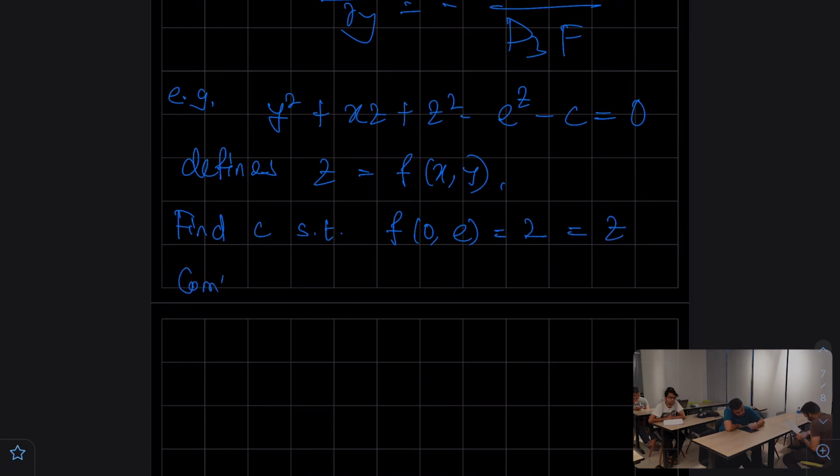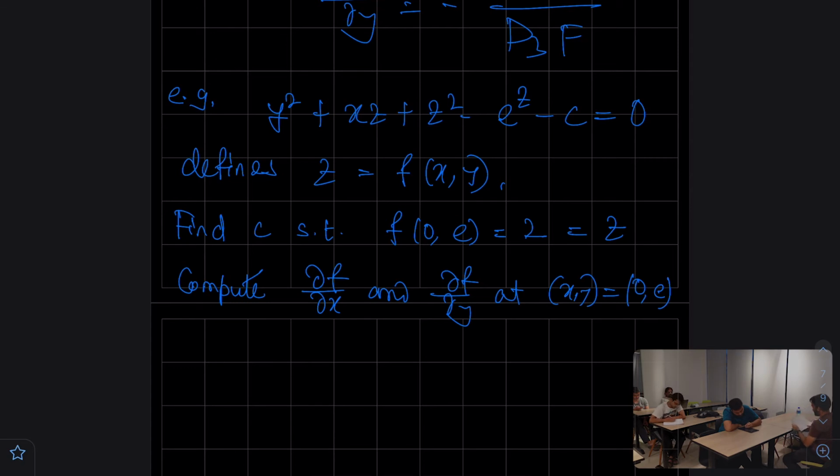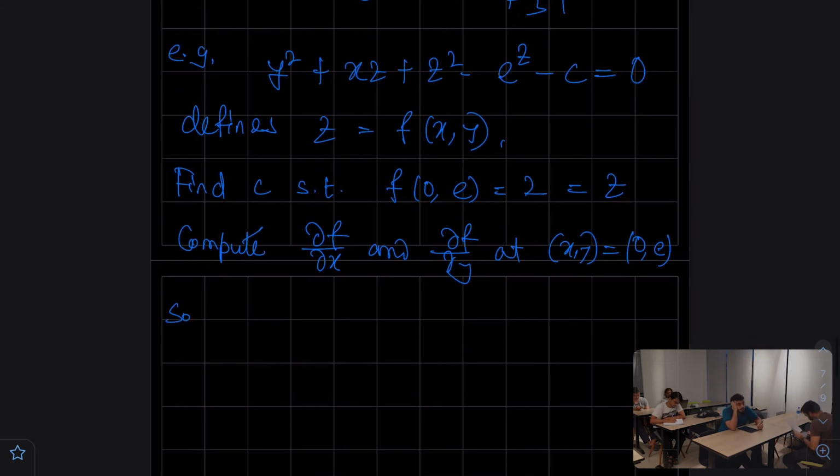Compute df dx and df dy at the point (0, e). Solution. So I sometimes write solution like this, but you can be just more general and write solution.